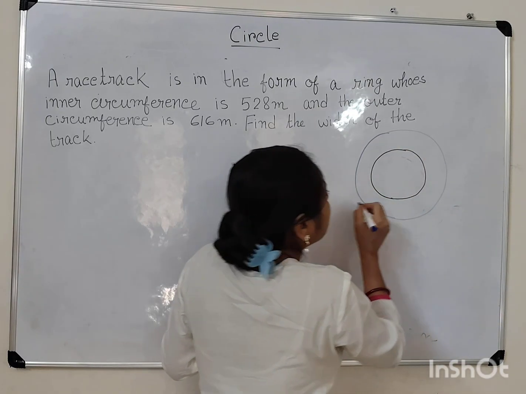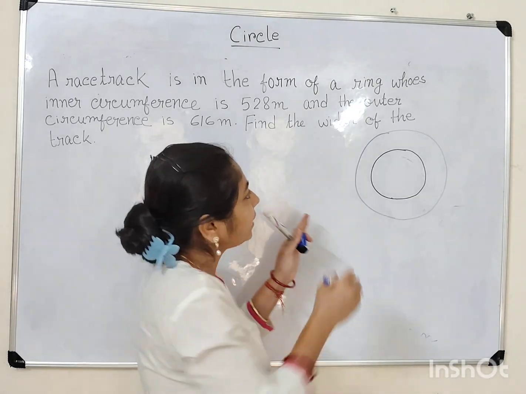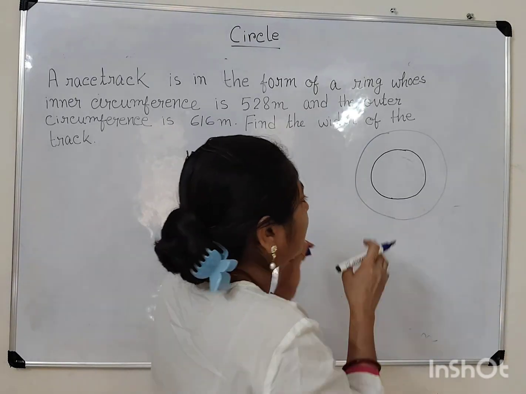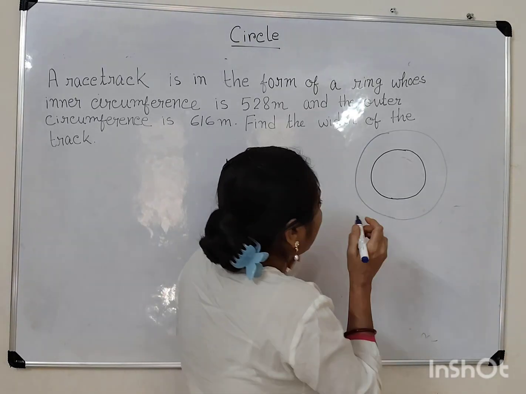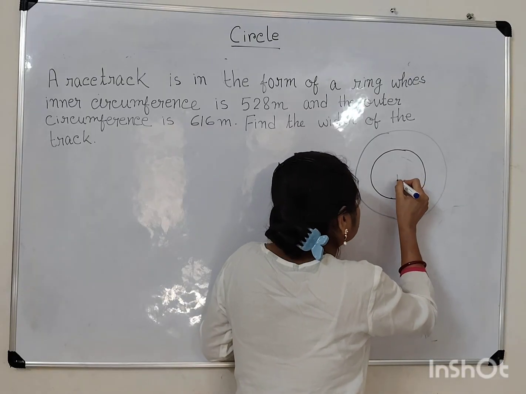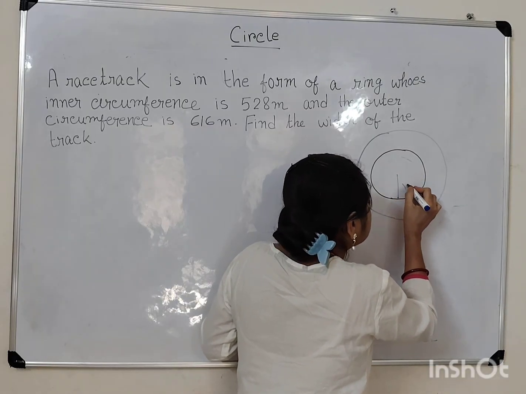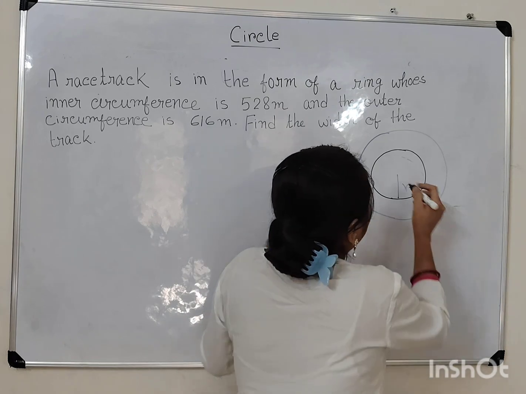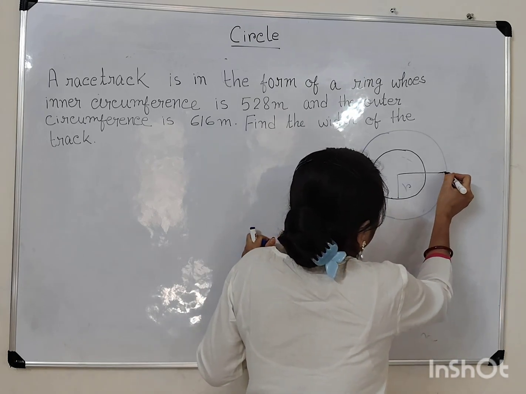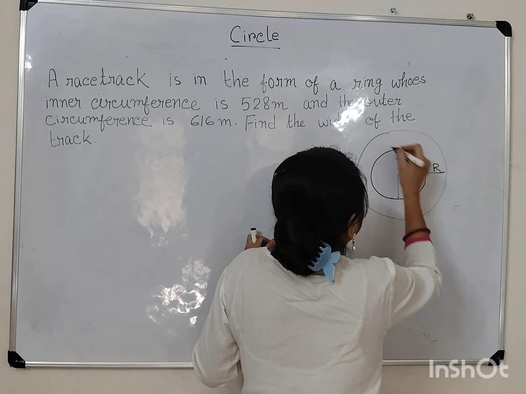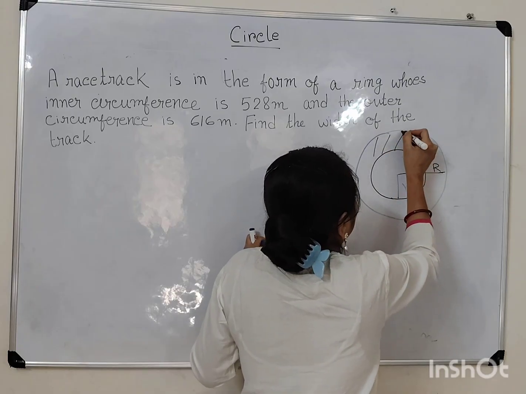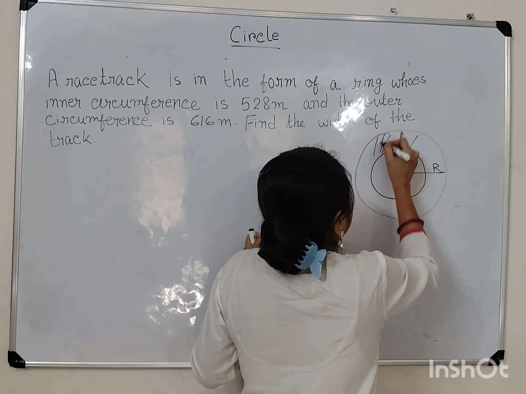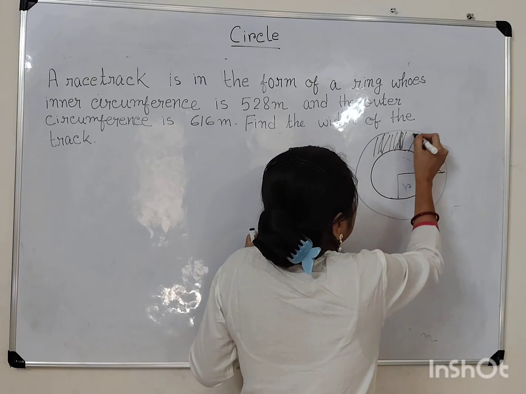Look, there is a ring-like structure, there is a road and everything, a racetrack. First I write this one, the inner radius. Okay, and this is the outer radius. I want to find out this width.